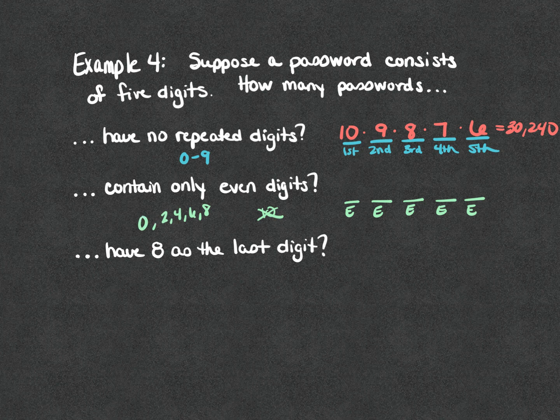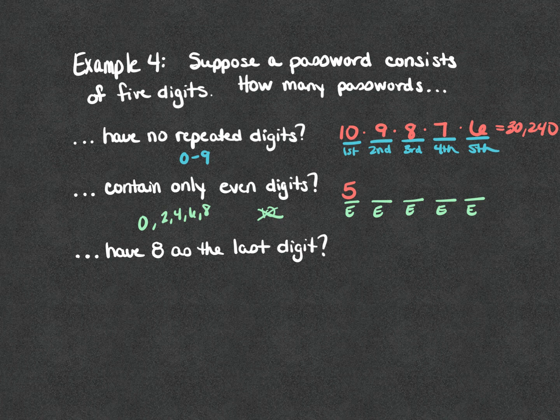However, 0 is considered even. If you think of skip counting, if you will, for being even digits, if you were to count backwards, 8, 6, 4, 2, 0 is even, and then -2, -4, etc. So 0 is an even digit. So the question is if this first position in our password has to be an even digit, how many choices do we have? Well, we have 5 choices. It could be 0, 2, 4, 6, or 8.